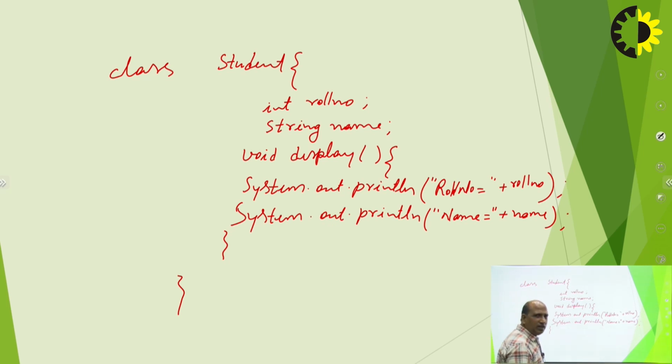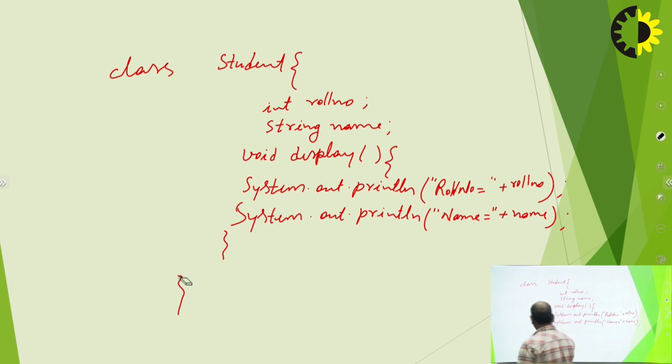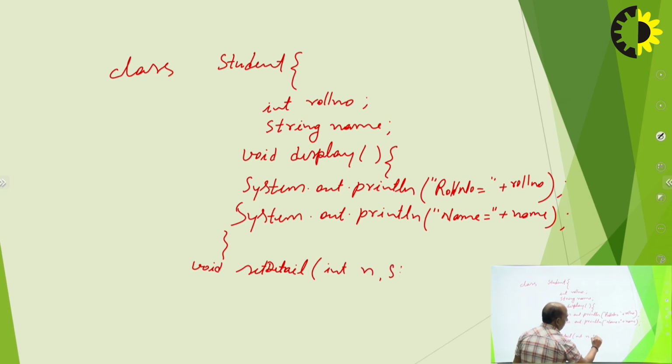If you want to assign some roll number or name to this, then you can use another function. There are many ways you can create another function. I am creating a function over here, void setDetail. In this setDetail I am passing an int value and a string value.